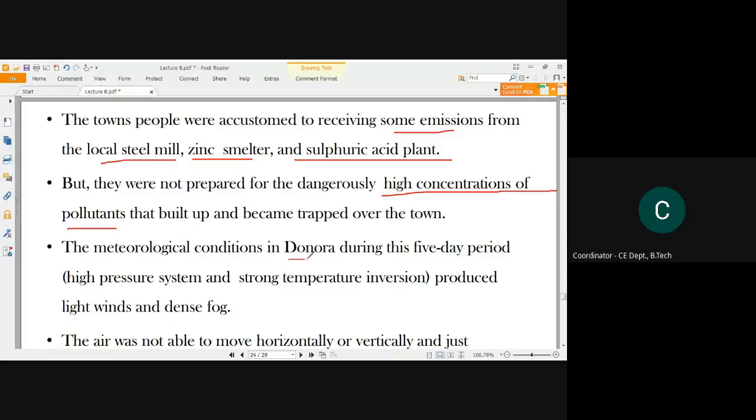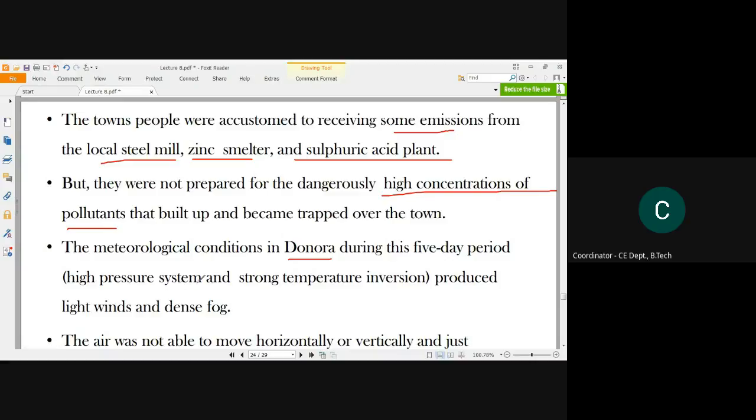So Donora is a place situated in Pennsylvania. In that place, a few years back, what happened for a 5 day period was continuous smog pollution in that particular location. So due to that meteorological condition, air pollution happened in this particular city.